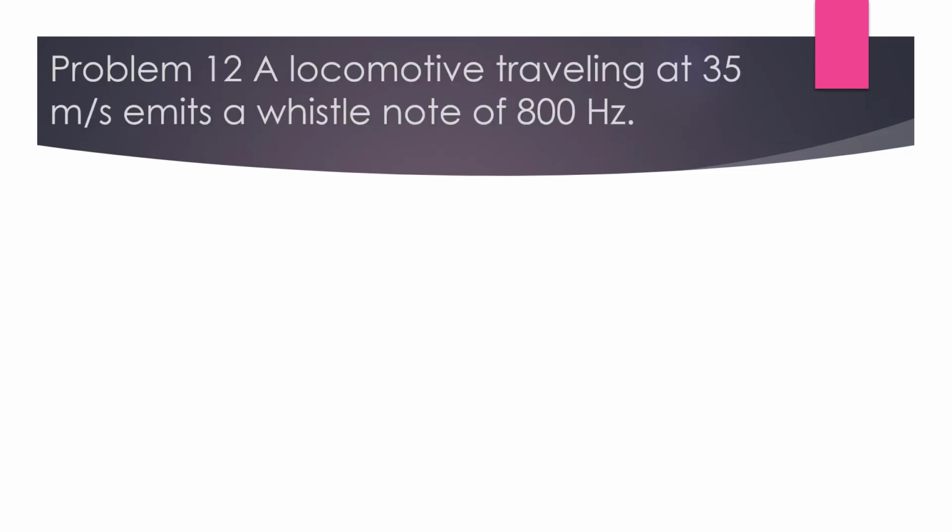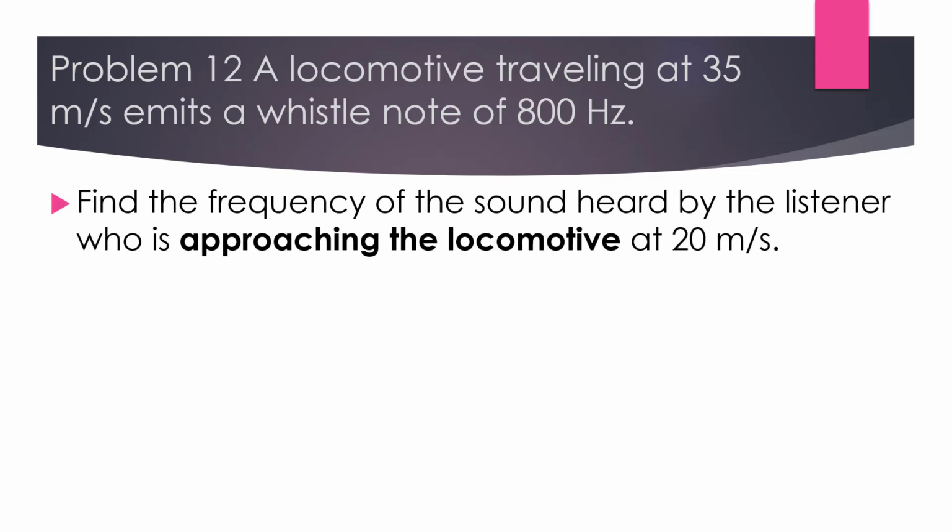Okay, next, same locomotive traveling at 35 emits a whistle note of 800 hertz. What is the frequency heard by the listener who is now moving and approaching the locomotive at 20 meters per second? So the listener now is not stationary, but is moving, and the motion is towards the locomotive. So when we draw this one, your source is this, and then the listener is also approaching the locomotive.